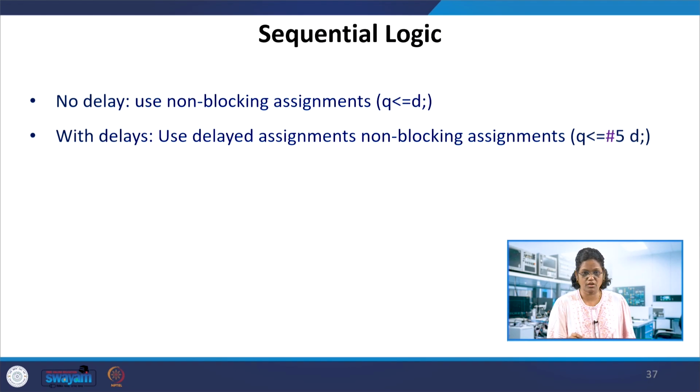Whereas for the sequential logic with no delay, use non-blocking assignments. That is good, the old value will be updated and so on. With delays, use the intra-assignment q <= #5 d, or whatever the delay. So the intra-assignment delay is preferable for the sequential logic with delayed assignments, and non-blocking assignment for the no delay case.